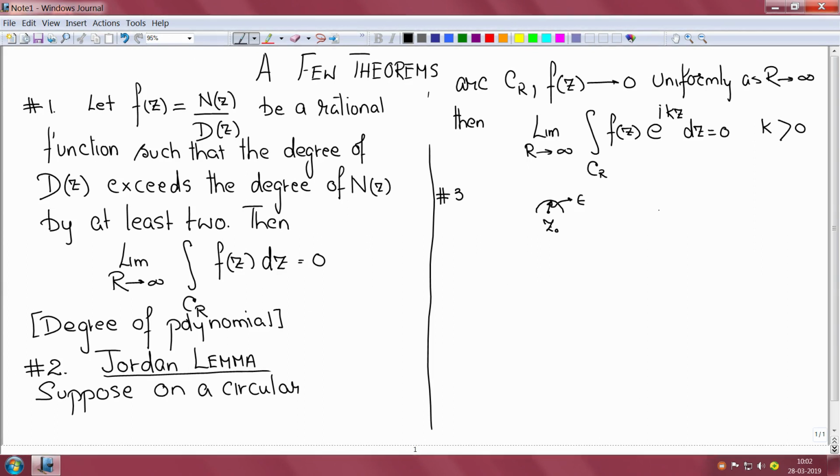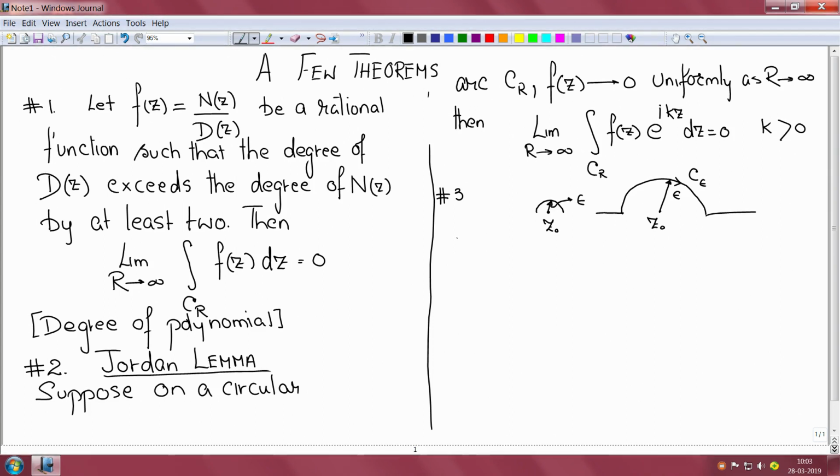We exaggerate this. There is a point z0 and we will move around the point z0 using a small circular arc. The arc radius will be epsilon. So we will call this the C epsilon arc.